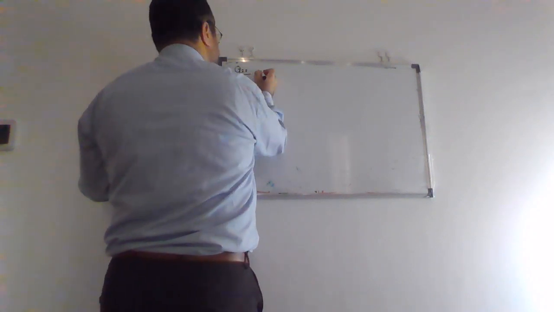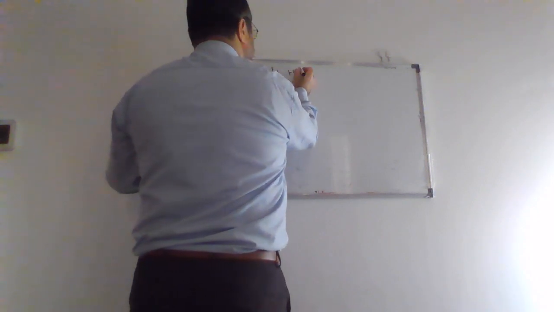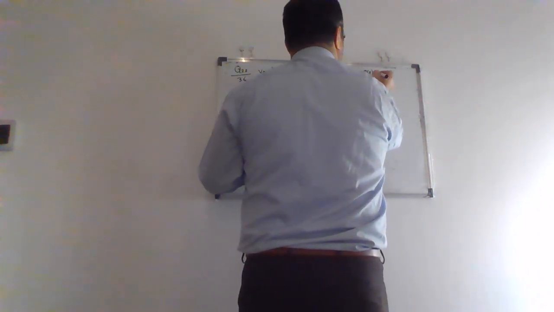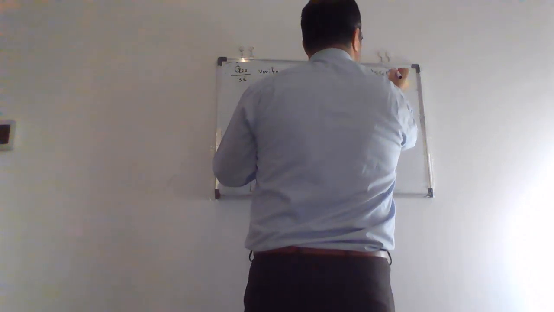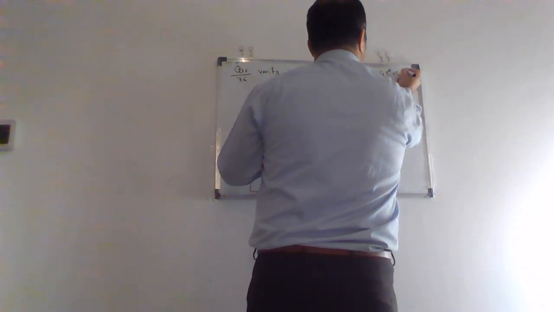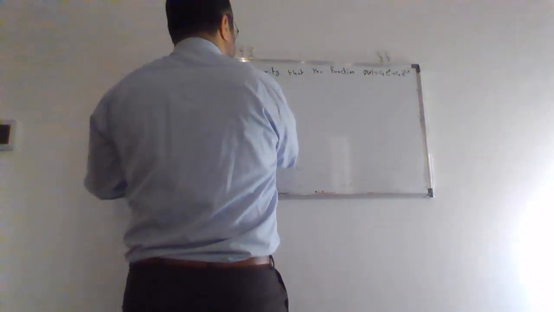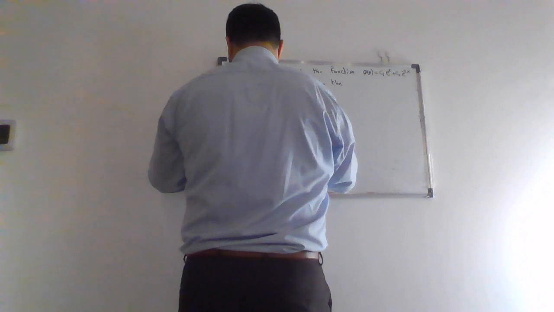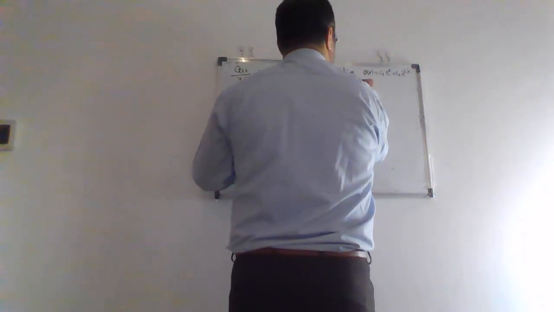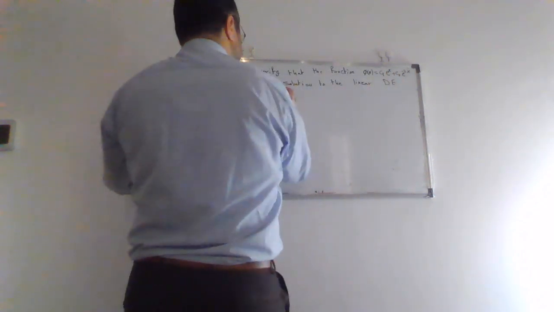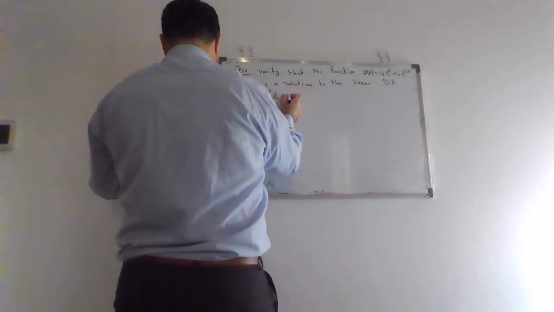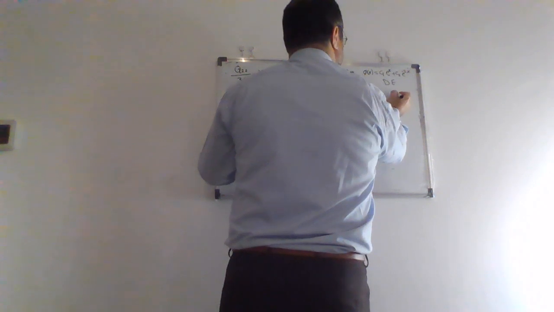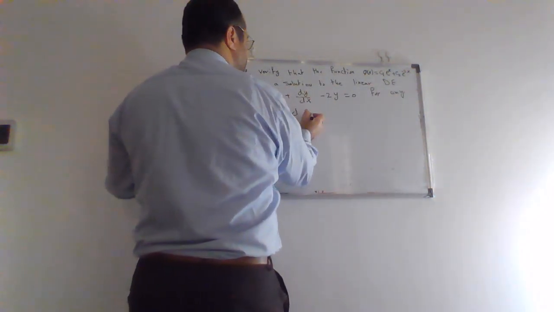It says verify that the function phi of x equals c1 e power x plus c2 e power minus 2x is a solution to the linear differential equation d square y over dx square plus dy over dx minus 2y equals 0 for any c1 and c2 constants.